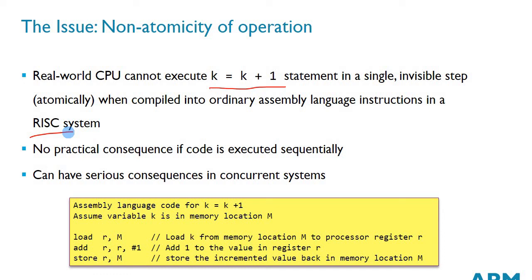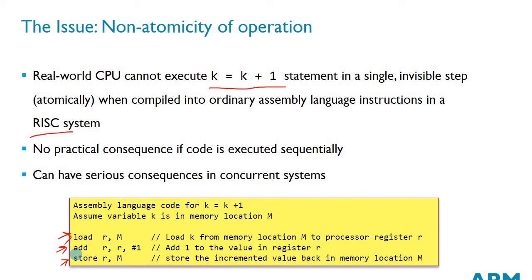So I need to break up this operation into 3 steps. The first step is to load from memory, that means load the data from the memory to our internal register, then do the operation, in our case the add operation, and then finally I store back the register value to the memory. So this single line in C is actually translated into 3 lines in the assembly.